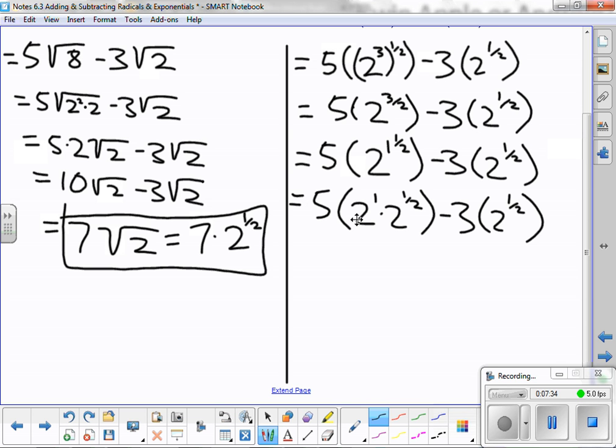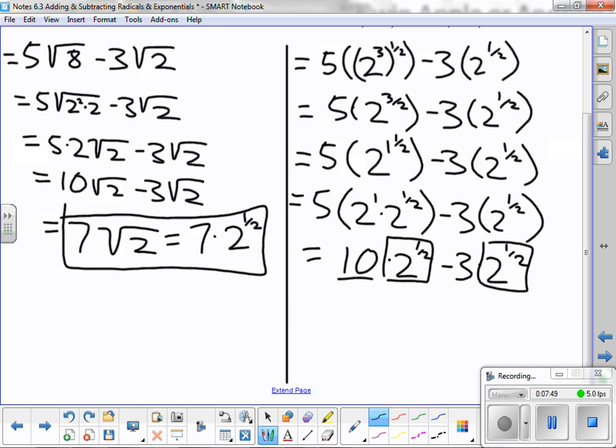So 5 times this 2, since I can multiply in any order, is a 10. So I got 10 times 2 to the 1/2 power minus 3 times 2 to the 1/2 power. I now have my like term parts, which means I can subtract my 10 and my 3, and you get 7 times 2 to the 1/2 power, which if you notice is the same as over there.